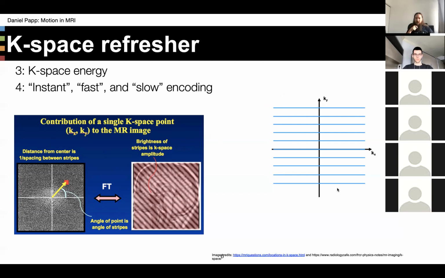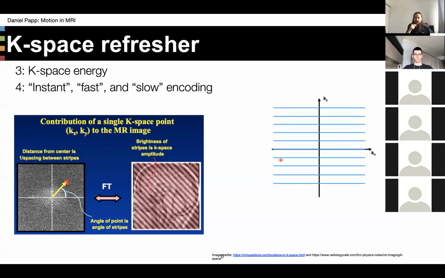Now, if this was a 3D case, then we have an additional plane, going through the monitor effectively, and that's our slow phase encoding direction because we need to fill up all of this k-space before we move up to the next k-space plane, which means that these directions are differently sensitive to motion.